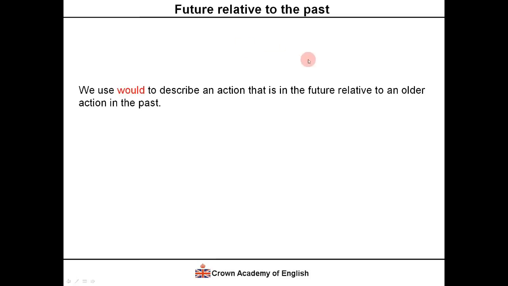That is the action that is future relative to the other action, and that is where we use would. So would is therefore a past form of will. Let me give you an example.